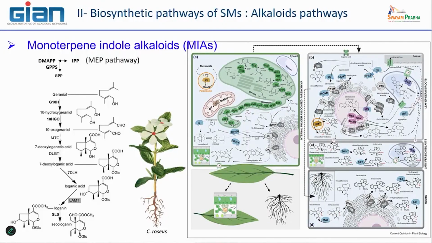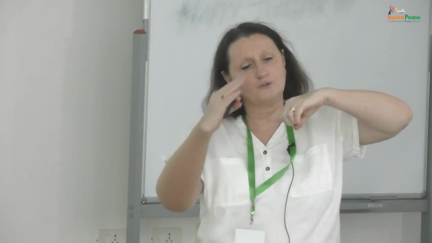For example, in Catharanthus roseus here, you can see that the first step of the production of one of the first intermediates, named loganic acid, occurs in a particular tissue named external phloem-associated parenchyma, meaning that around the phloem you have some parenchyma, and it is in this type of cells that the first intermediate of alkaloid production is produced.